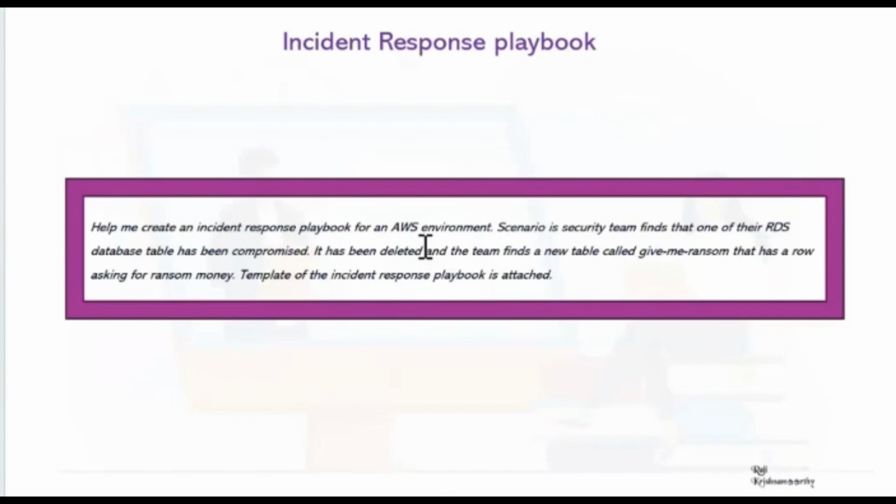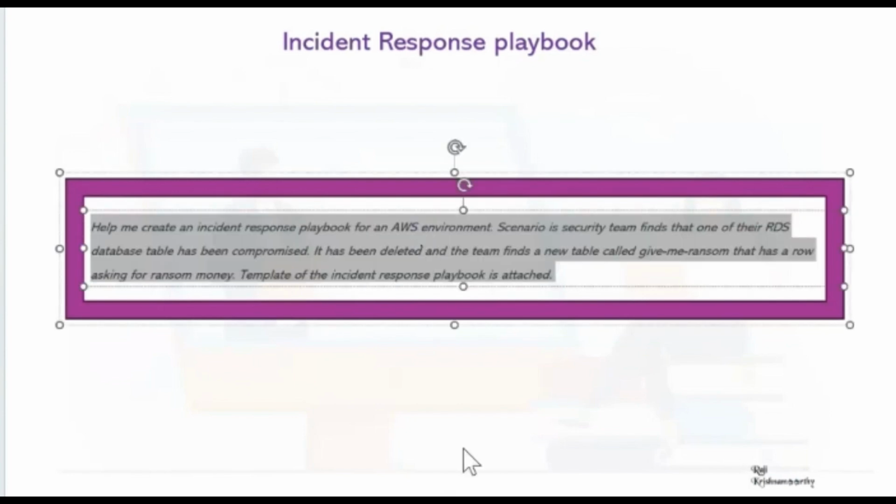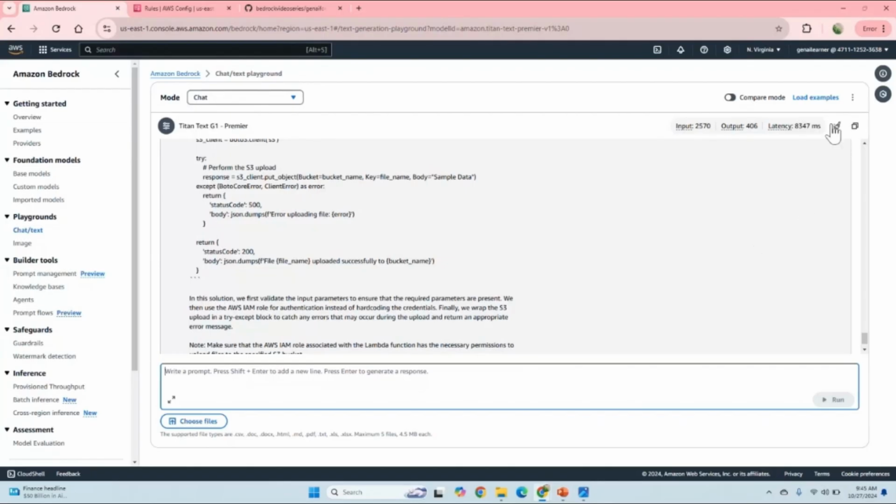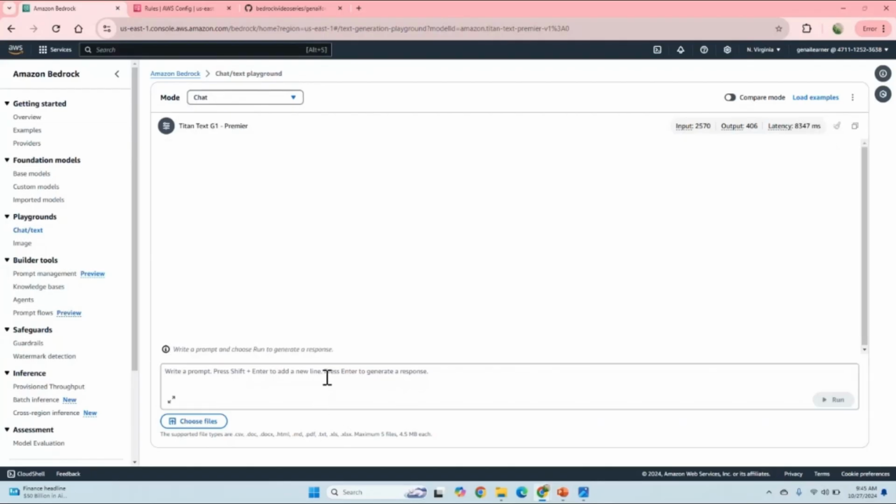Now, in the incident response playbook, there are hundreds of scenarios, right? And for each of the scenarios, you have to document the playbook, which should have very clear instructions. And each team follows their own style of writing a playbook.